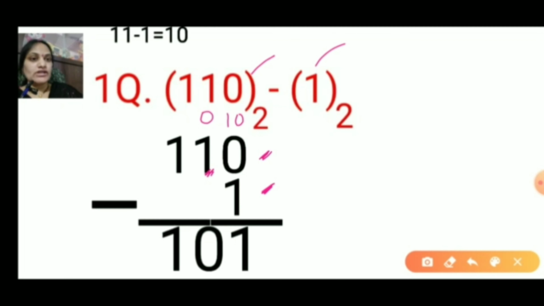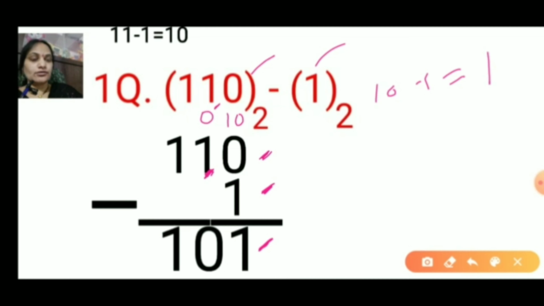Next, 10 minus 1 is equal to how much? 1, according to the rules of binary subtraction. 10 minus 1 is equal to 1. That's why we have written 1 here. Again, here, instead of 1, we have to take 0.